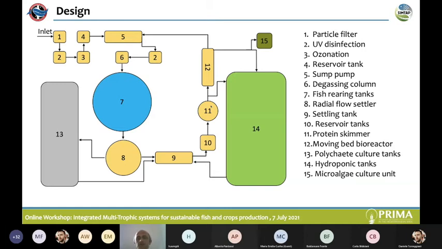The effluent flow was drained to a biofilter, then to a settling tank, and then a protein skimmer, and then a moving bed bioreactor.